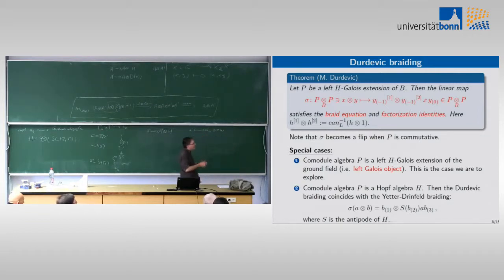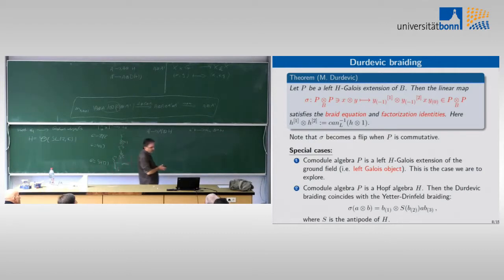So in other words, you have this H-Galois extension, and now we assume that your fixed point subalgebra is just trivial. Geometrically speaking, you have a freeness condition, so you have a free action of G on X, but also you say that the action is transitive. You have only one orbit.